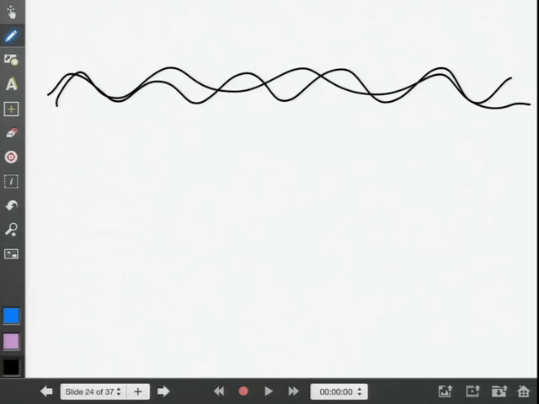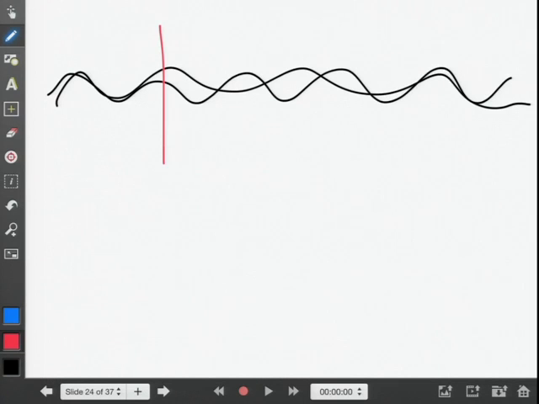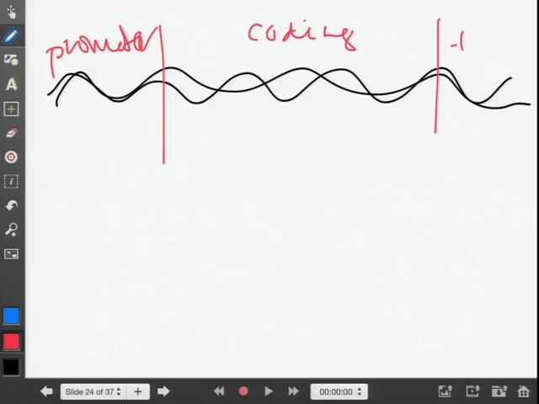If I were going to draw a picture again, back to our original drawing, we went promoter, coding, termination sequence, end.